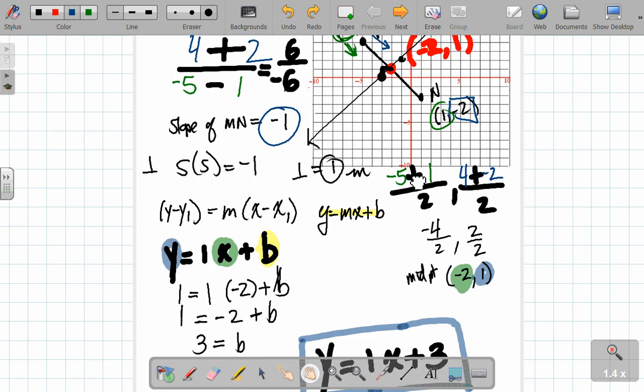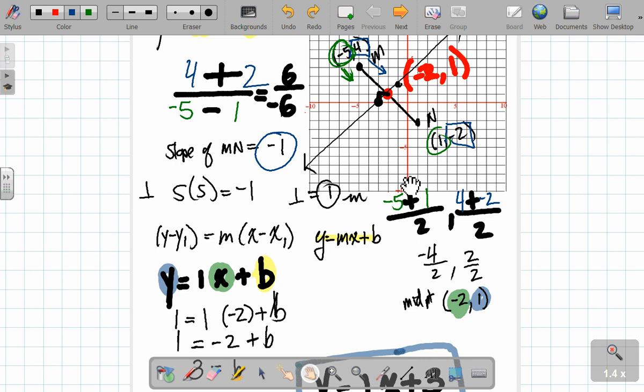So our intercept should be 3. Is it close? Kudos. That's why you sketch it first. You kind of know where you're going.